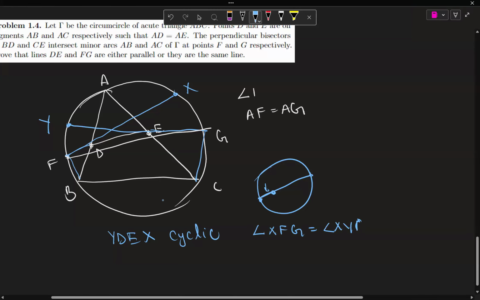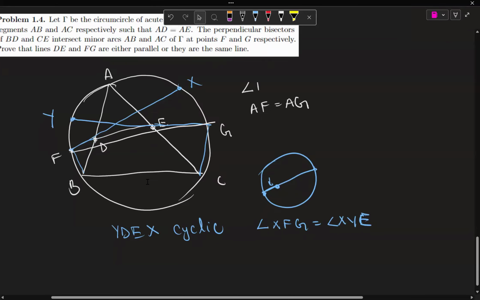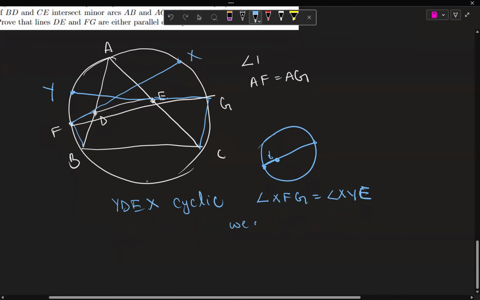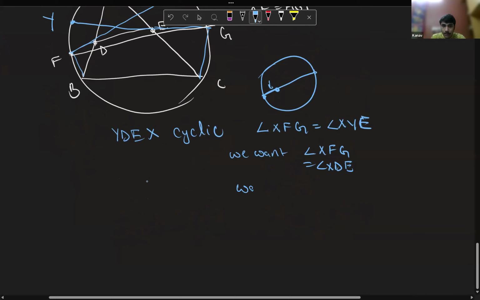XFG, XYE, yeah. So we want XFG to be equal to angle XDE. So we want angle XYE equal to angle XDE. This is equivalent to showing XYDE is cyclic.